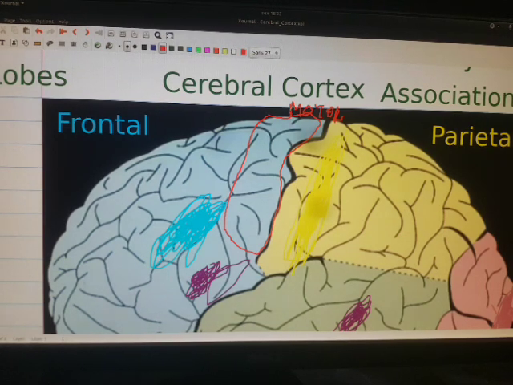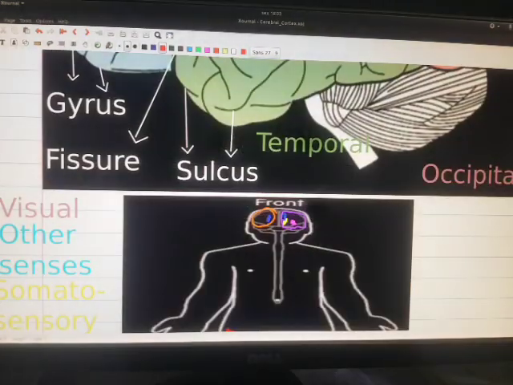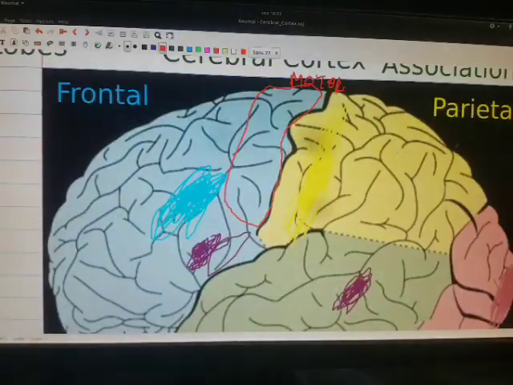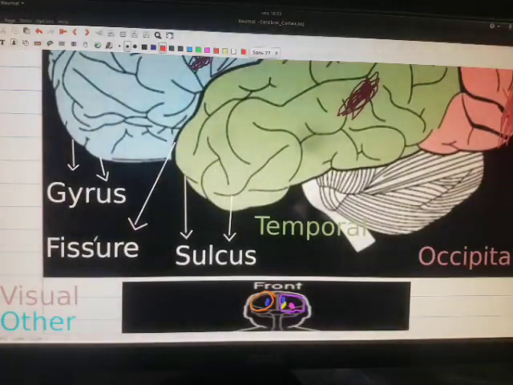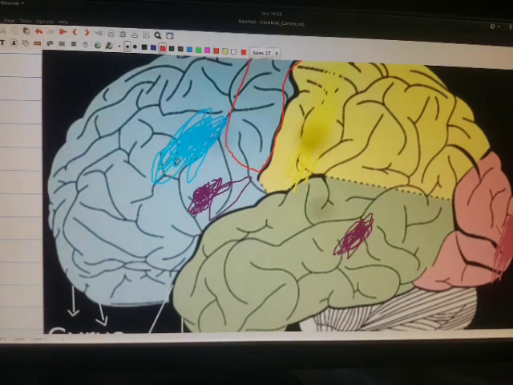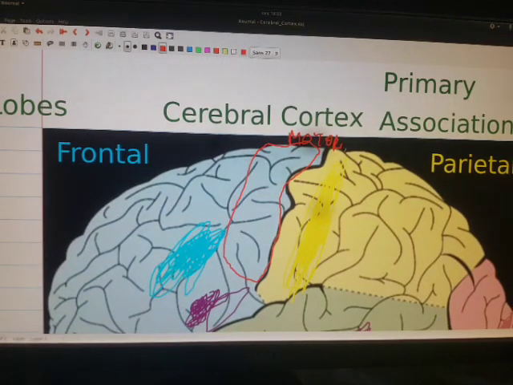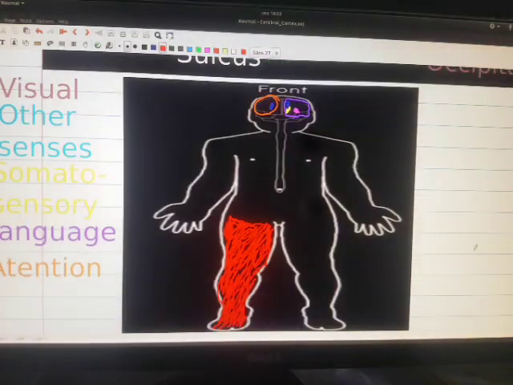So it will associate the visual part with the temperature, let's say the parietal part. Sometimes it associates from all these four lobes, and so it's called association. And when it's basic, like just a movement, it's called primary.